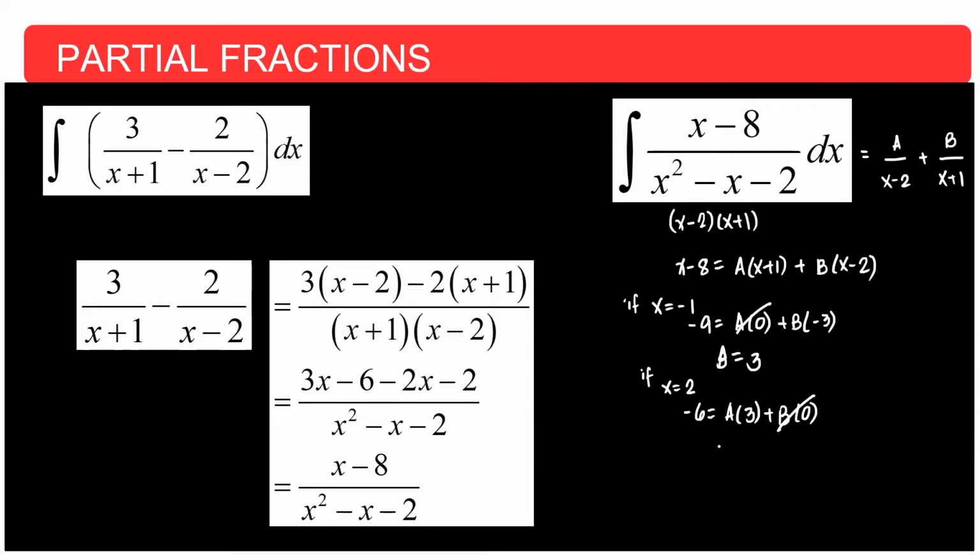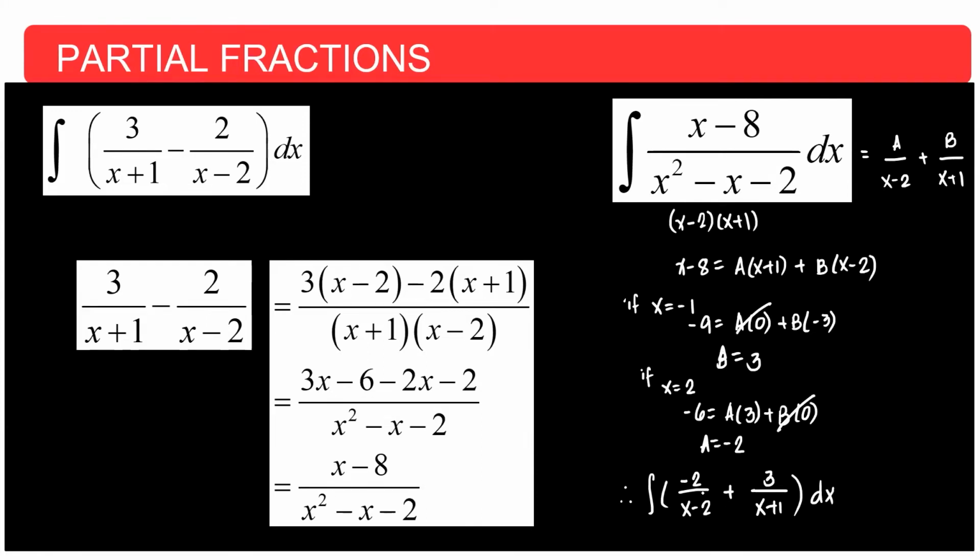So the B term is now 0. Therefore, A is -2. So I can say that this one can be rewritten as -2 over x minus 2 plus B, which is 3 over x plus 1.